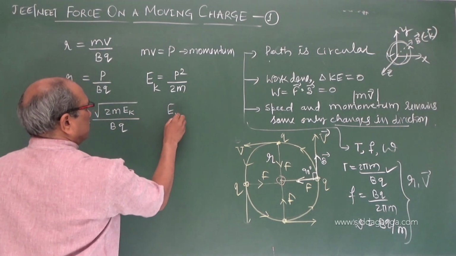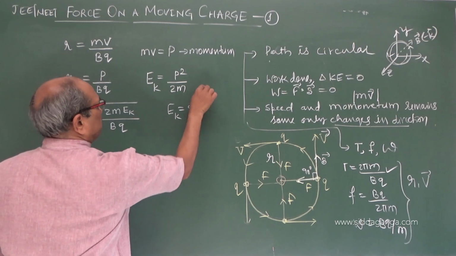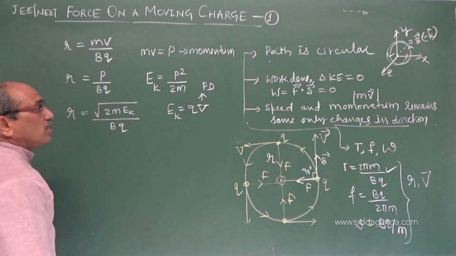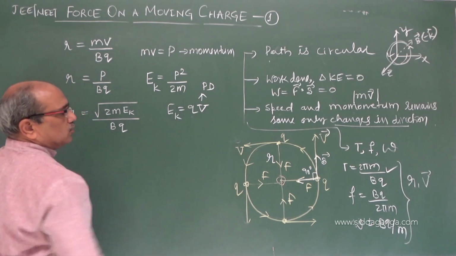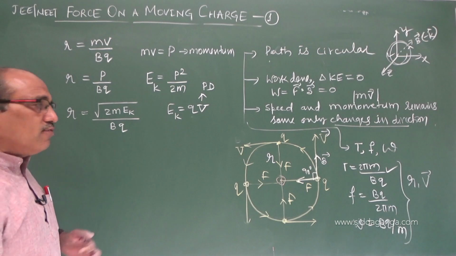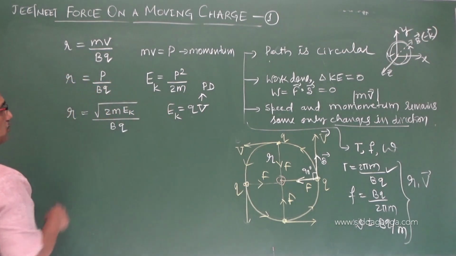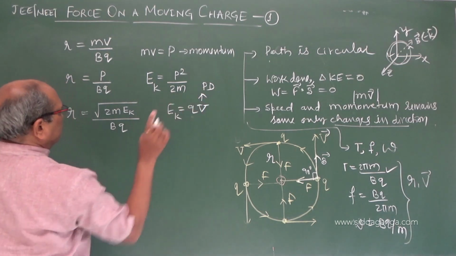But Ek can be written as qV. V is the potential difference through which the charge is moved before entering the magnetic field. The kinetic energy it initially has before entering the magnetic field is qV, where V is the potential difference used to accelerate the charge.